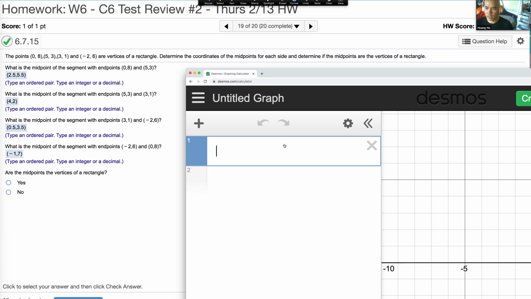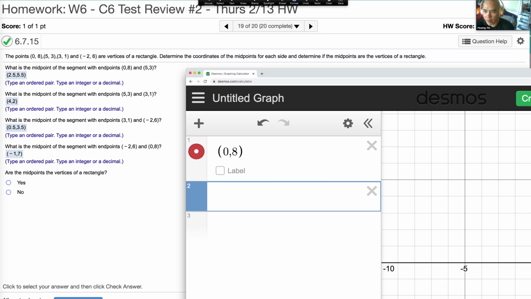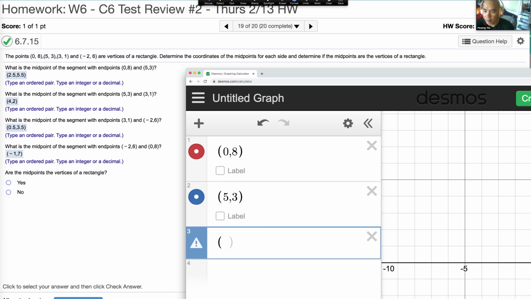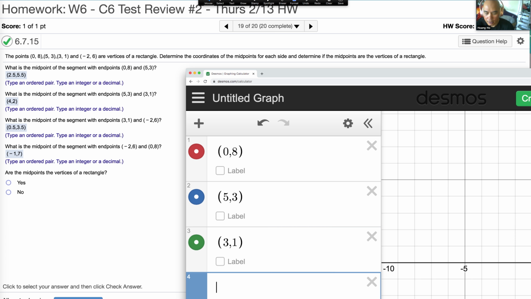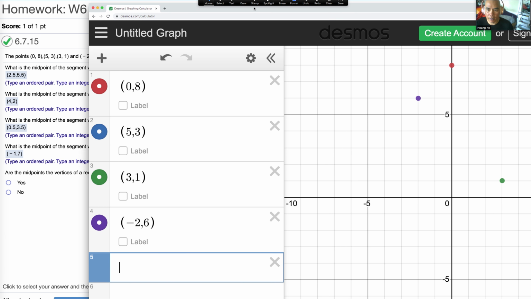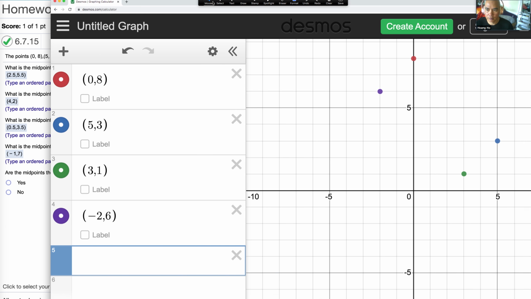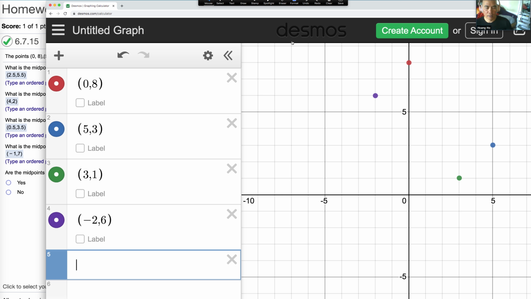The first point is 0, 8, the second point is 5, 3, the third point is 3, 1, and the last point is negative 2, 6. Here we go. So this is the rectangle. Let's connect them together.